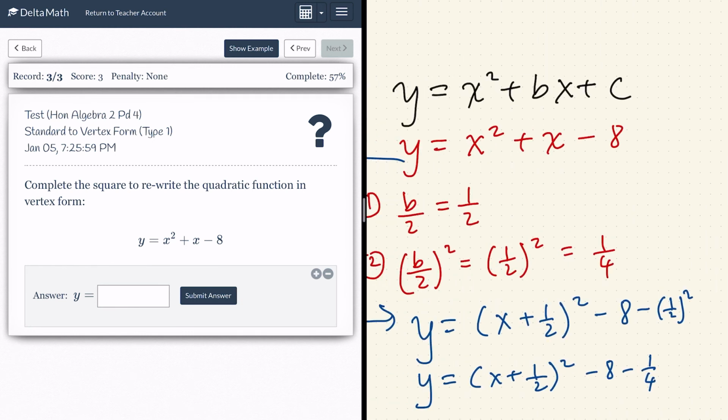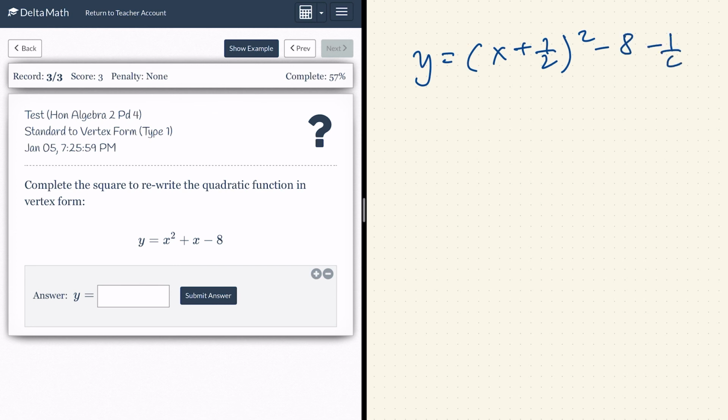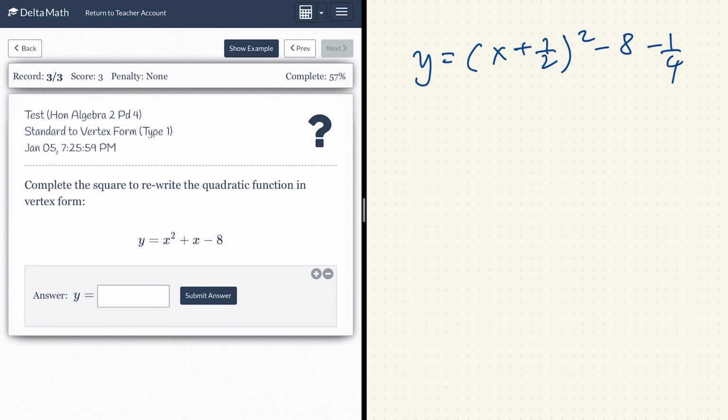So the previous equation was y is equal to x plus 1/2 squared minus 8 minus 1/4. Okay, so we need to find a common denominator. This common denominator should be 4, because this is a 1.